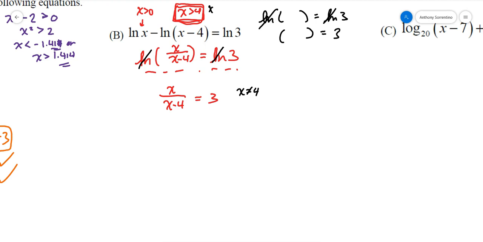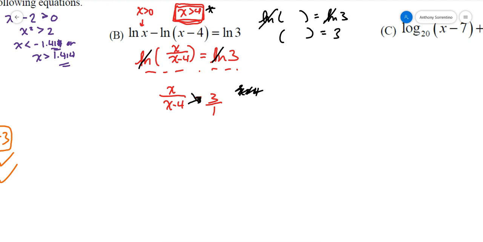But me already having the fact that this has to be greater than 4, I don't have to make that statement again. I mean, we're already working under the premise that x has to be more than 4 for any of this stuff to go on. So any answer I get that isn't over 4 would have to be thrown out if that should ever happen. So as I go through this now, thinking of this as 3 over 1, I do my cross multiplication.